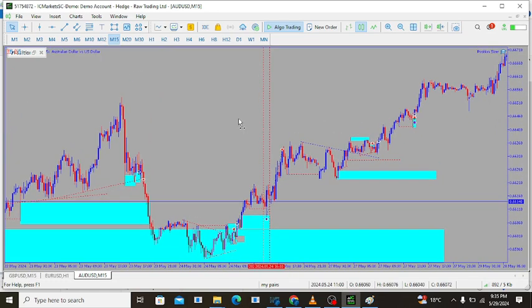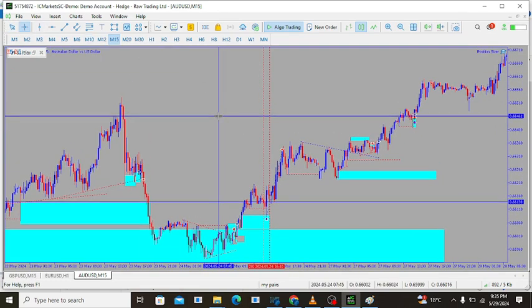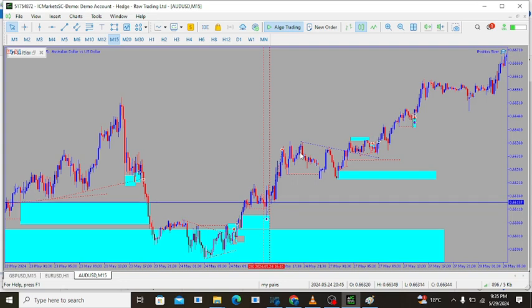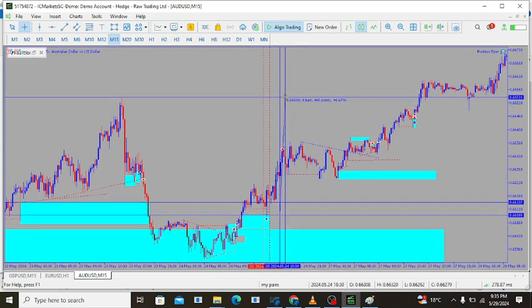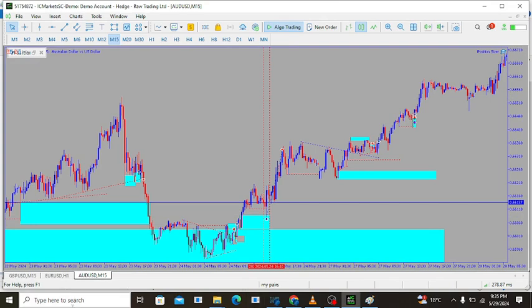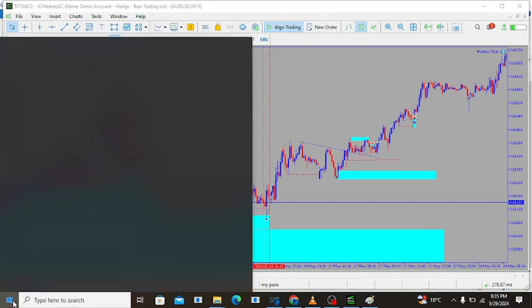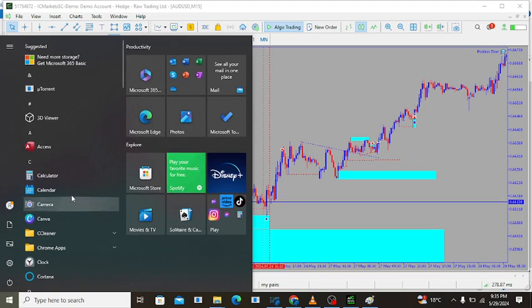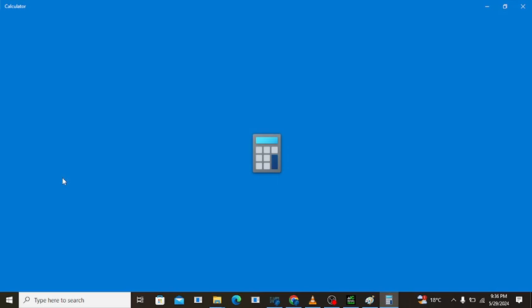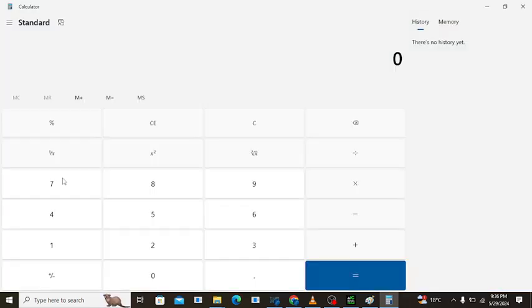Let's see, okay, let's see. 43 pips. I cannot go on like this doing stupid trades.